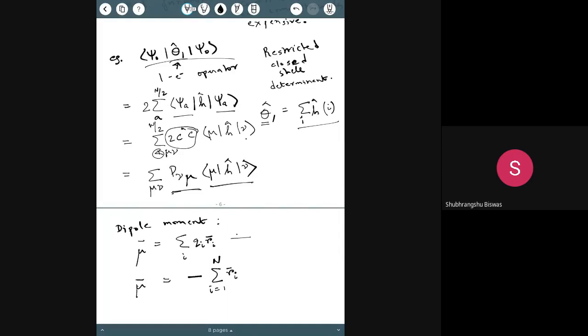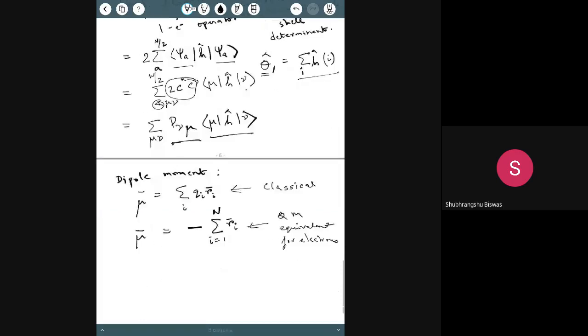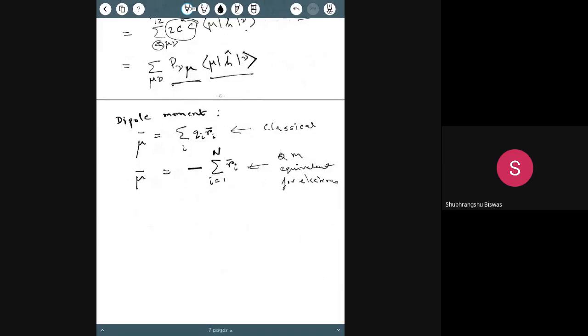So this is the classical general expression, and this is the quantum mechanical equivalent for electrons. And in addition to this, you have a nuclear part, because the nuclei also have charges, and that is the atomic number of every atom, Za, multiplied by the location of these nuclei.